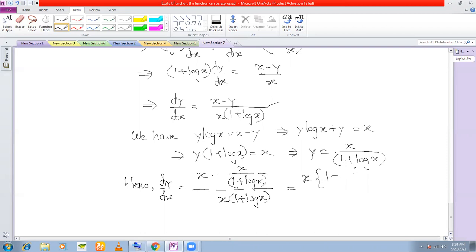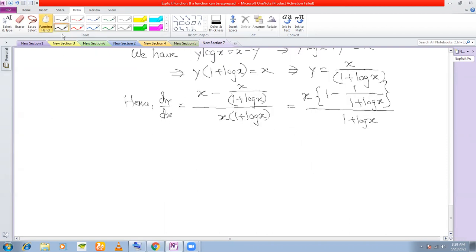What do you get? 1 minus 1 by (1 plus log x), divided by 1 plus log x. You have an x also here, so these two x's will cancel. Now if you take the LCM in the numerator, you will get (1 plus log x minus 1) divided by (1 plus log x) whole square.